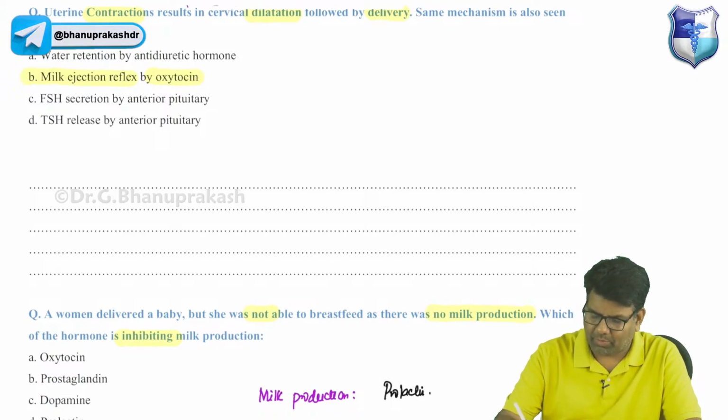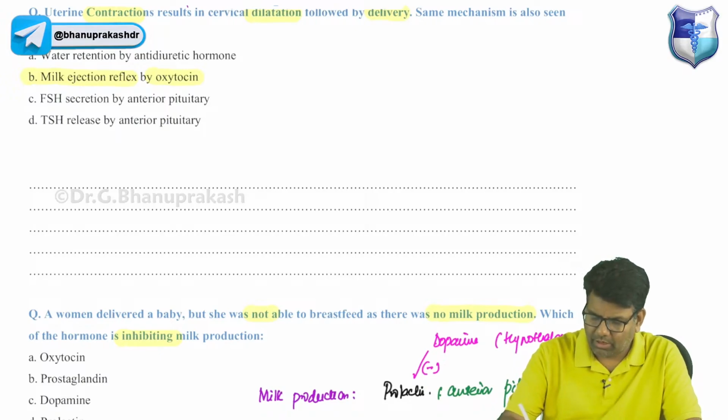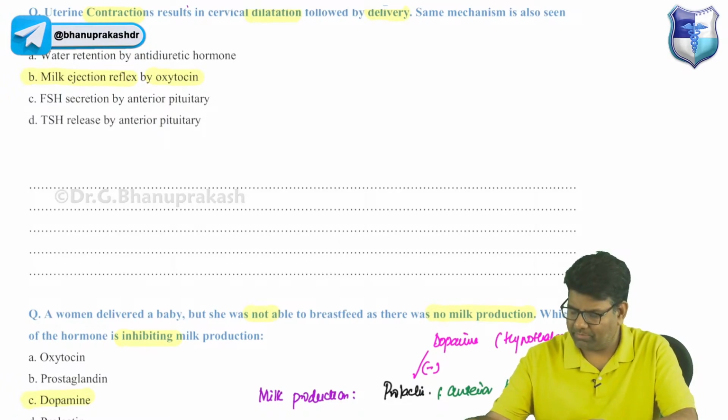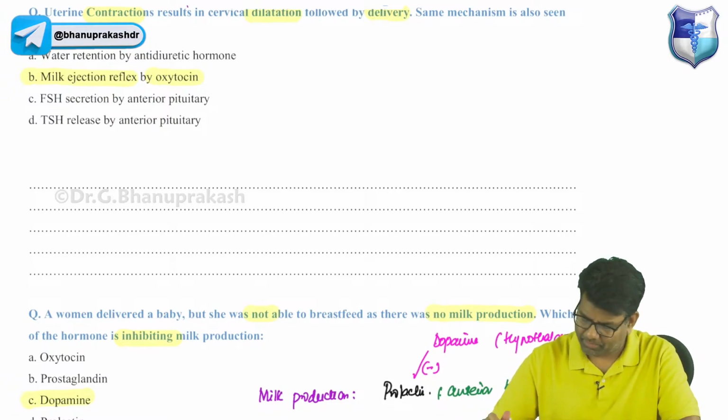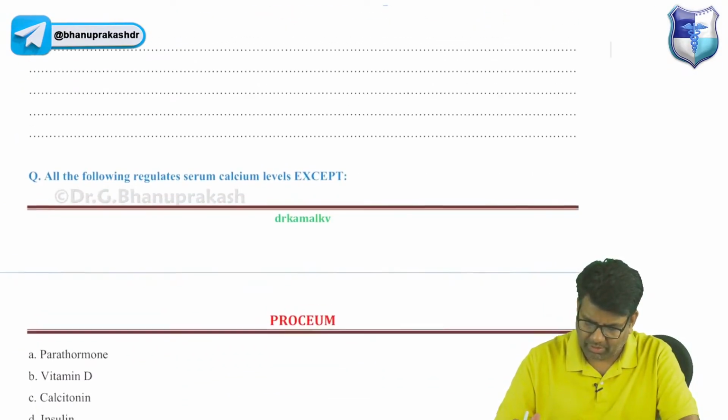And we discussed that prolactin is inhibited by dopamine from the hypothalamus. The answer is very straightforward. This is dopamine. Prolactin is inhibited by dopamine.